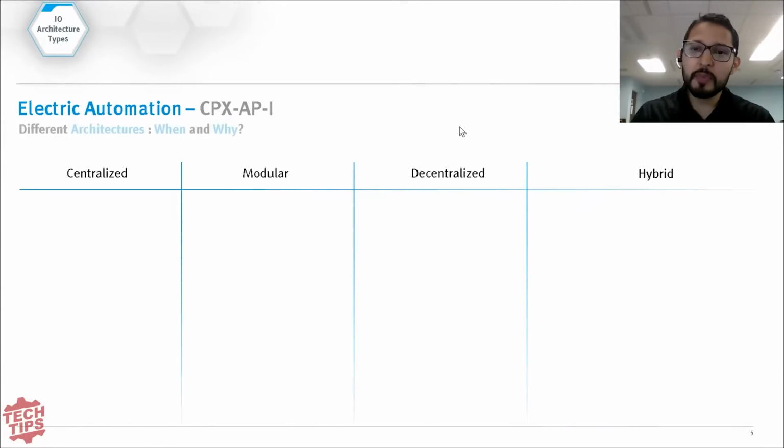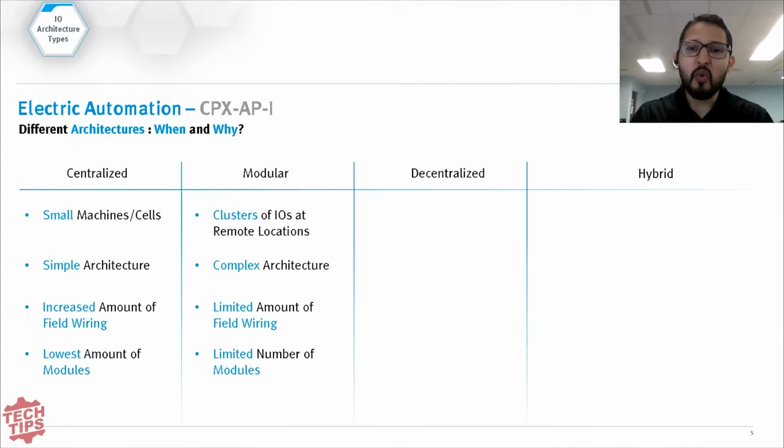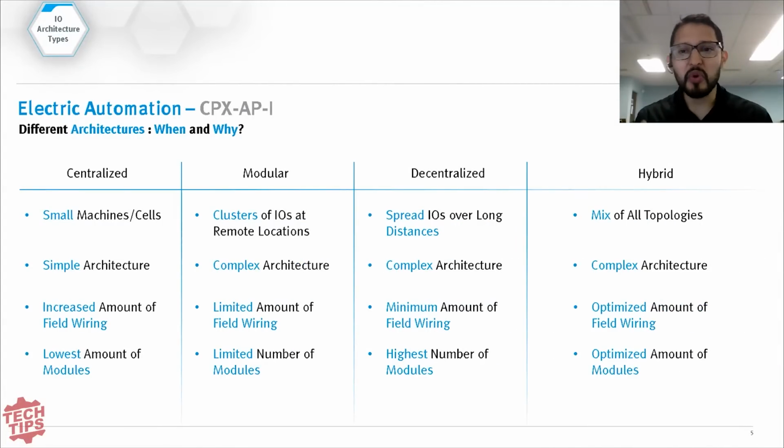Now, a lot of your viewers might be wondering when it makes sense to use which one. There's a lot of text here, but I'm just going to mention a couple of things. Centralized can be cumbersome if you have many I/O, because you have to run long cables just to go back to a central control panel.